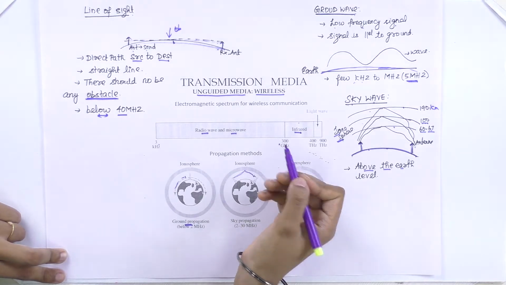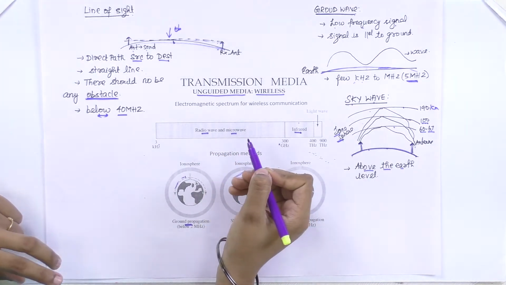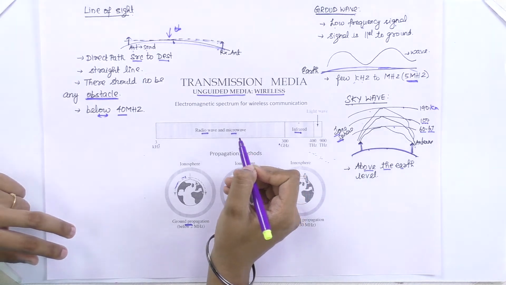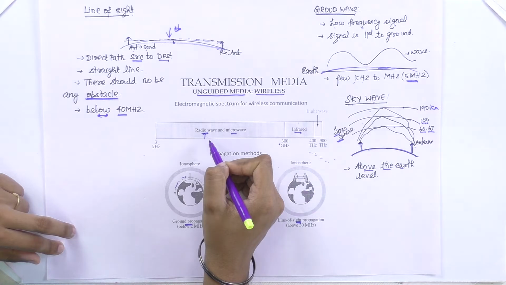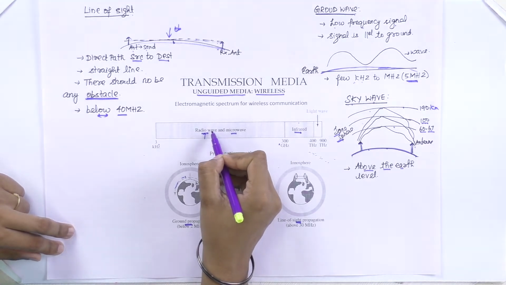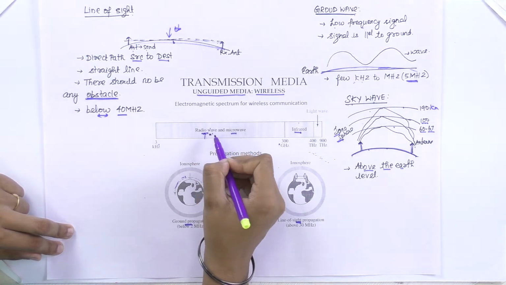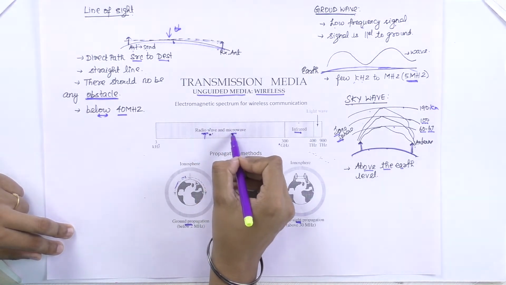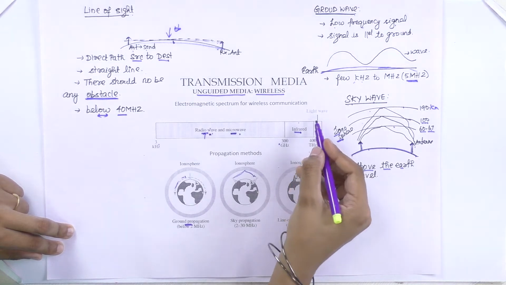When you look into this, your radio wave and microwave are the same, but since the radio wave's frequency range is higher, it is impossible for this radio wave to propagate in the sky. So this microwave is easier in terms of propagation.